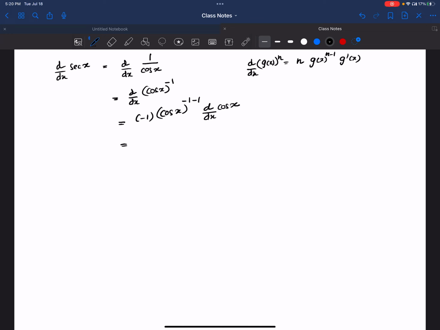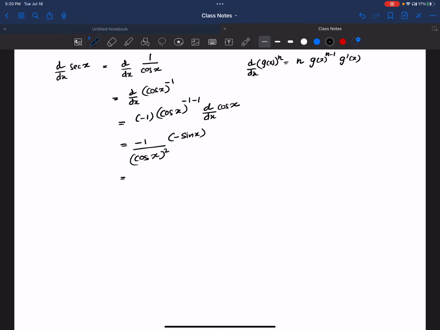So this is negative 1, you have cosine x squared on the denominator, and then this is negative sine x.